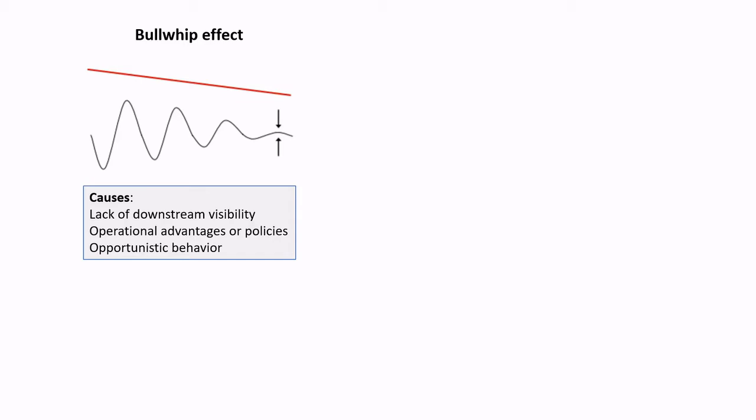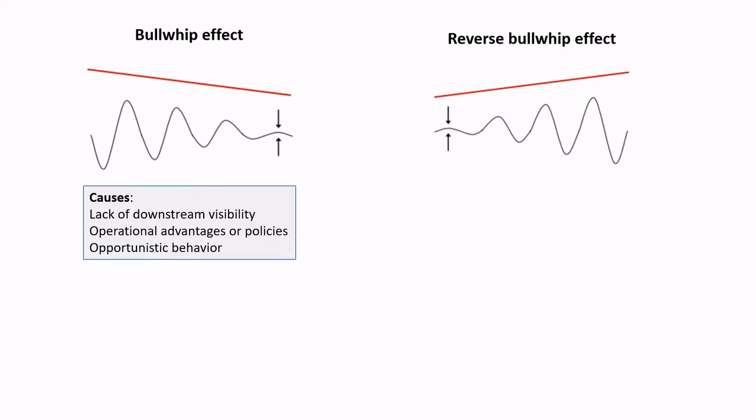And that may generate a distorted signal toward your supplier. So that's all about the bullwhip effect. I would say the main cure for this is actual visibility, which implies communication and trust.